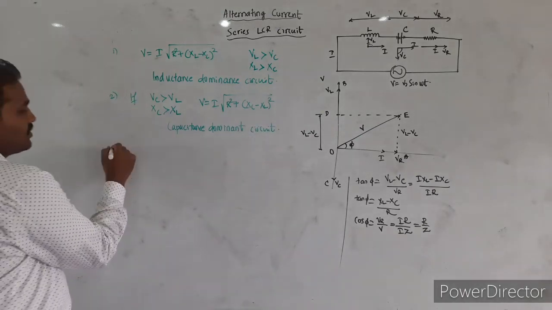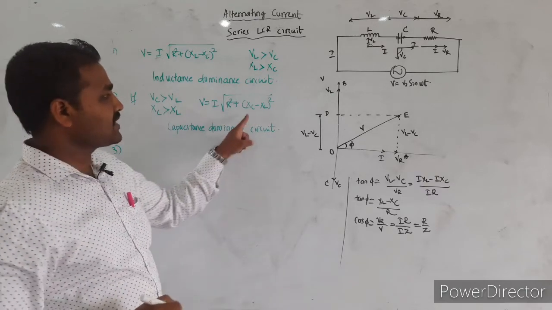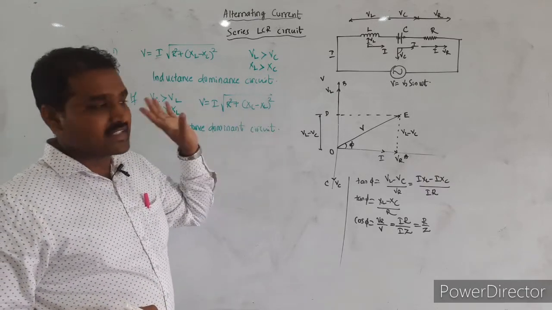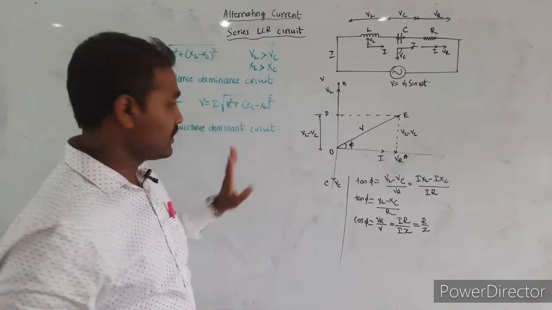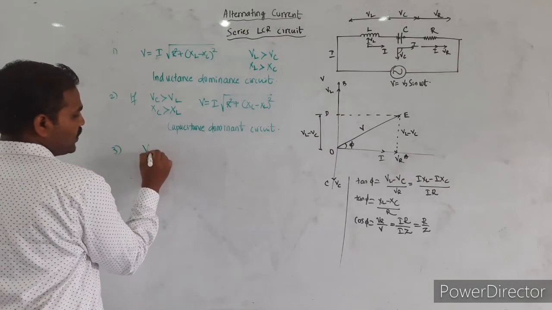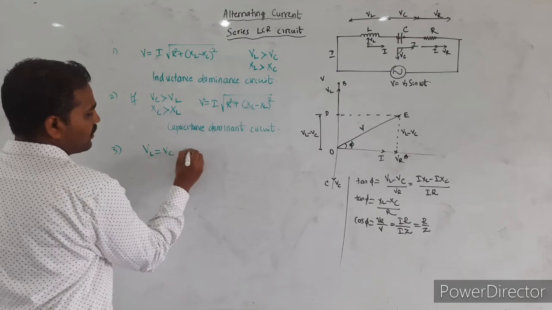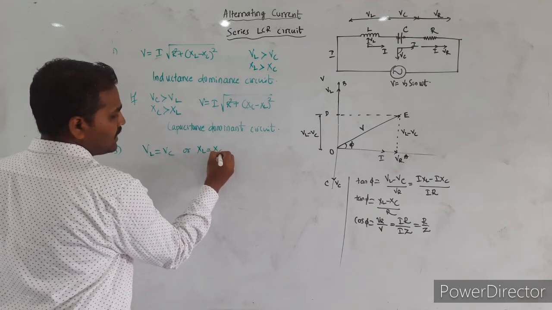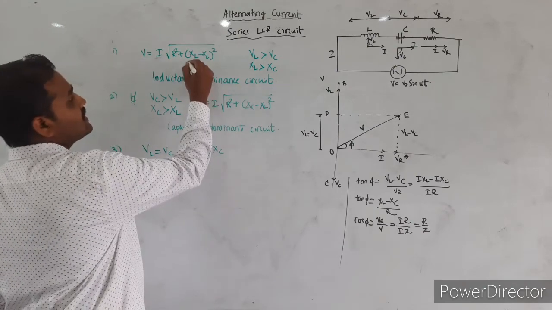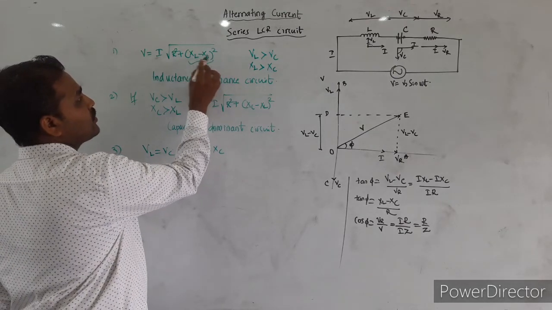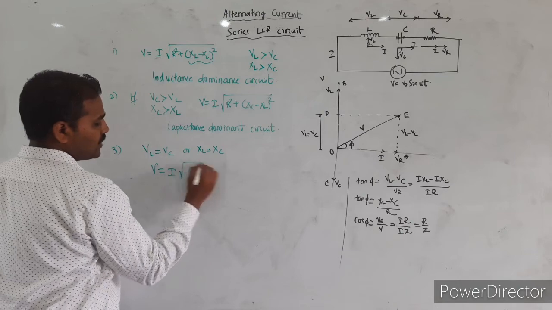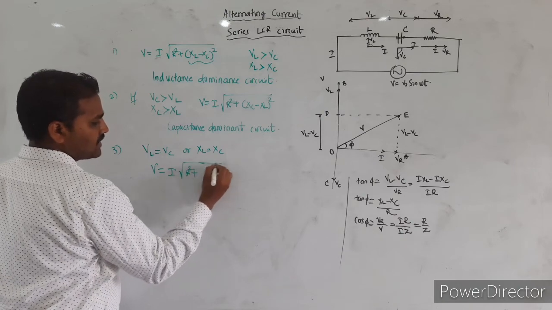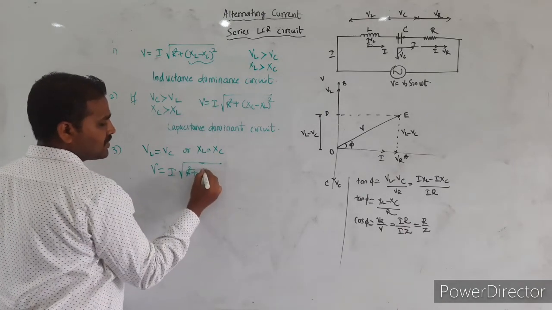Similarly, sometimes XL may be equal to XC. What happens? These two opposite vectors cancel each other. So if VL is equal to VC or XL is equal to XC, this term vanishes. I can write V is equal to I into square root of R square plus (XL minus XC), which is nothing but 0.